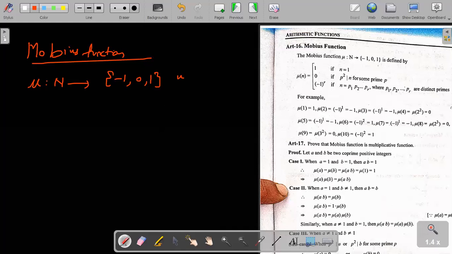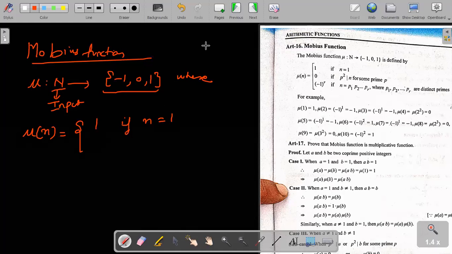The domain means input. It takes natural numbers as input, and the answers will be only three: either -1, or 0, or 1. How will this happen? Mu of any n will be 1 if n is 1. So if your natural number is 1, then the answer will be 1.